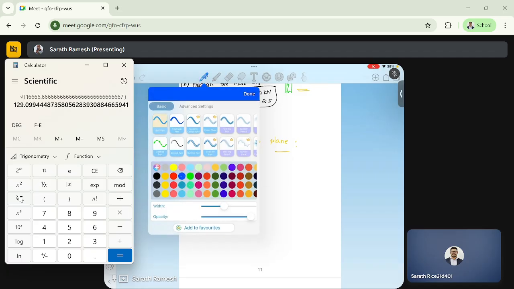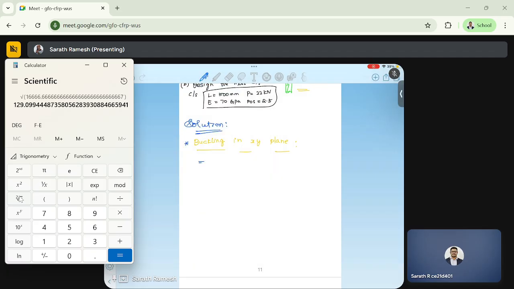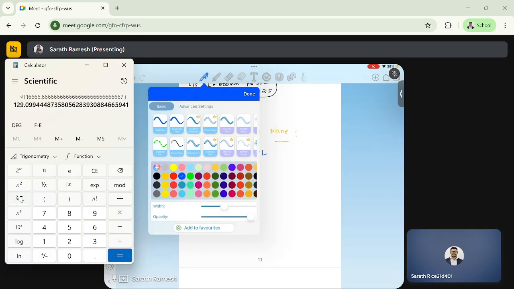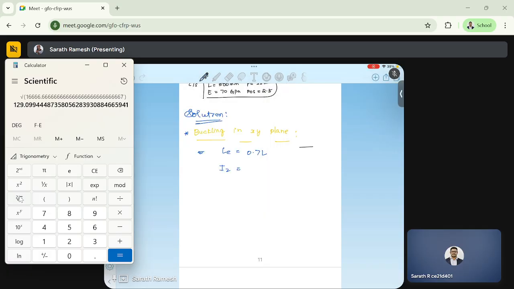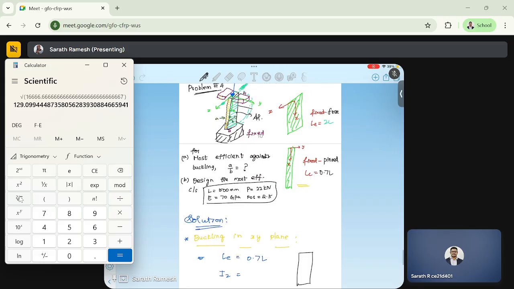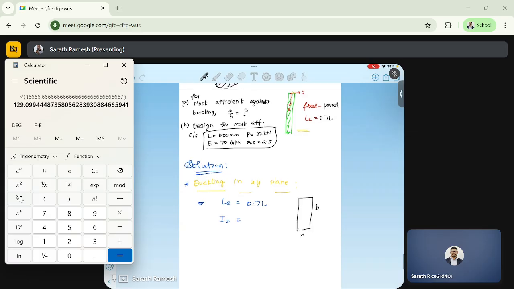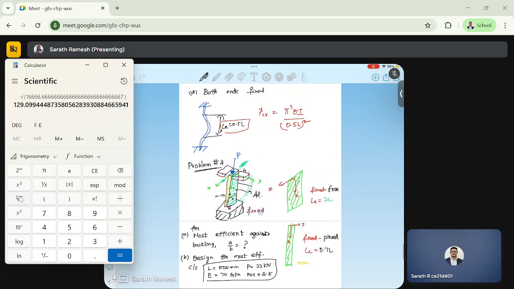This implies LE will be 0.7 L. And what is IZ? Cross section A and B, Z and Y.